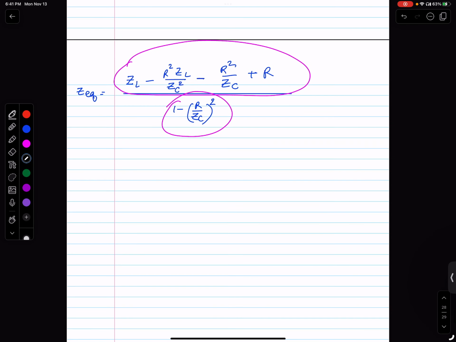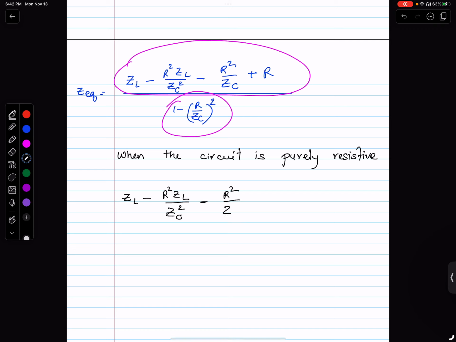When the circuit is purely resistive, you see the numerator ZL minus R squared ZL by ZC squared, minus R squared by ZC plus R. All of this, if you take the imaginary part of it, that should equal 0.